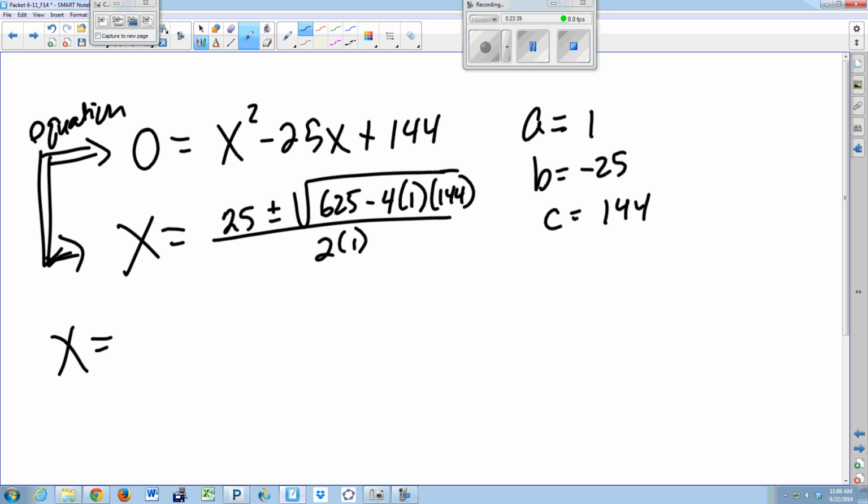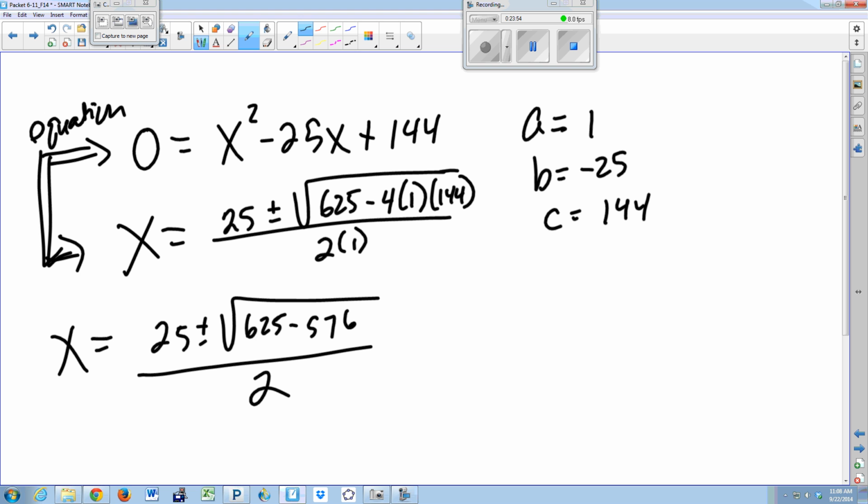So x equals 25 plus or minus the square root of 625 minus 4 times 144. I get a 6 over here, a 7 over there, and a 5 there, I think, if I did that correctly. You can check me on your calculator.